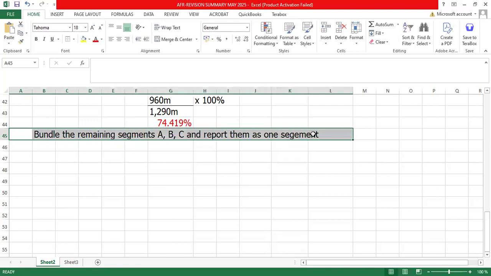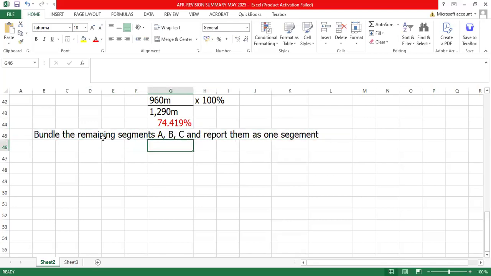You report them as others. Others would comprise A, B, and C. The reason you report this is that you're telling the user that however much individually they don't meet the criteria, when you bundle them, they matter a lot.